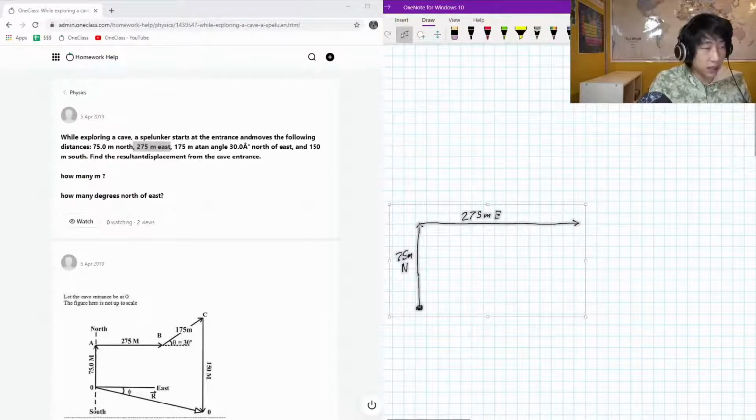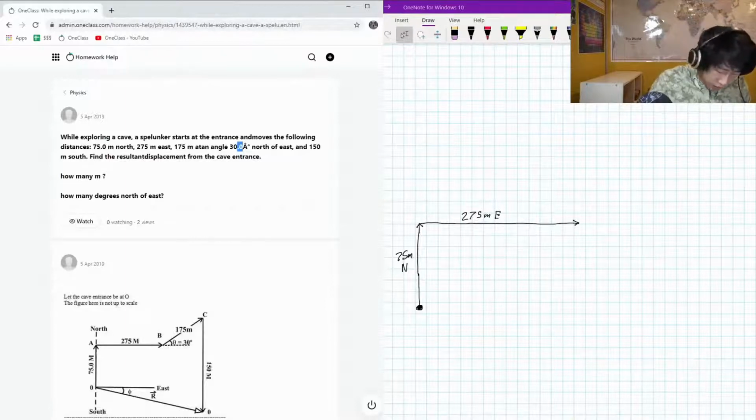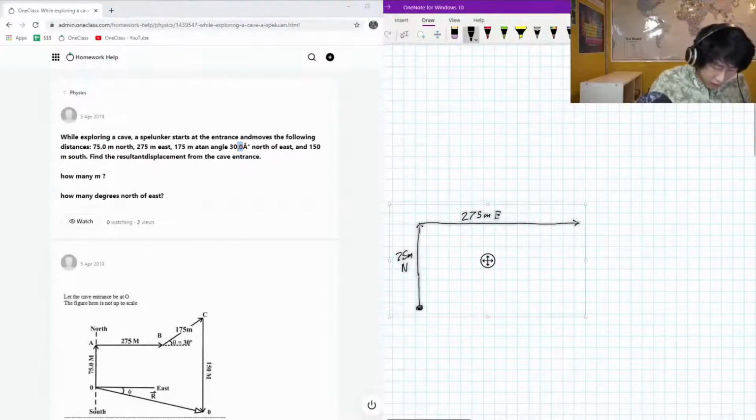The next step is 175 meters at an angle 30 degrees north of east. So we're going to go directly east, but just slightly north of that by 30 degrees. Let's get our pen here.